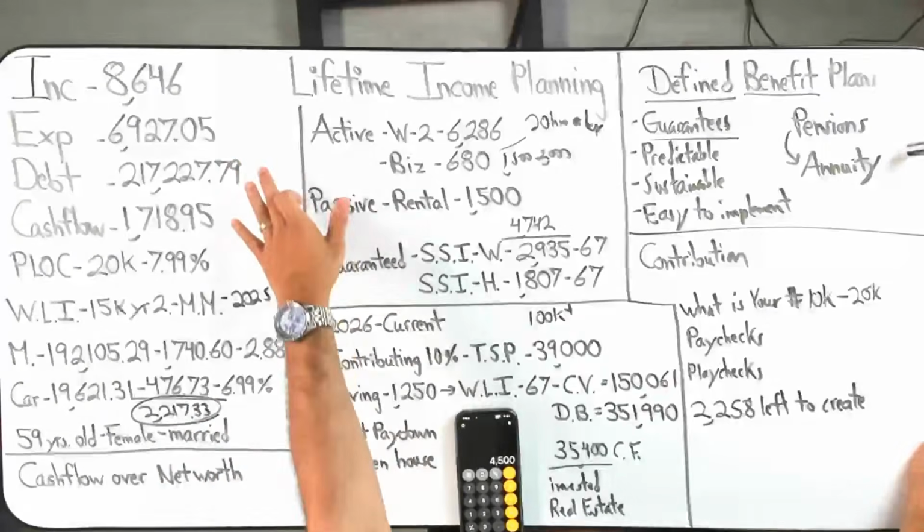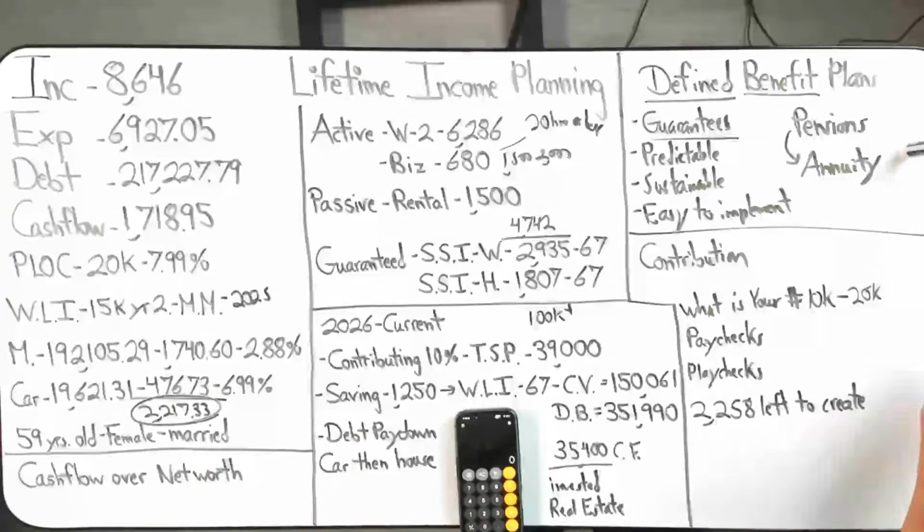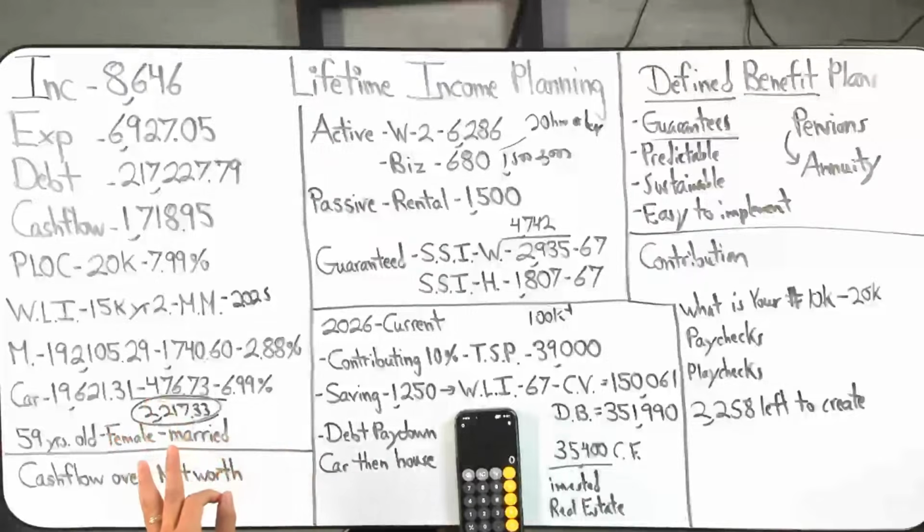And I'll use this number right here. 217 divided by 4,500. That's 48 months, 4 years. It's safe to say that in 4 years, or less, super conservative, if all they did was just make extra payments, or if we do a whole life strategy where we're borrowing from the whole life and maybe a little velocity banking and whatever the case may be, say 4 years or less, paid off.